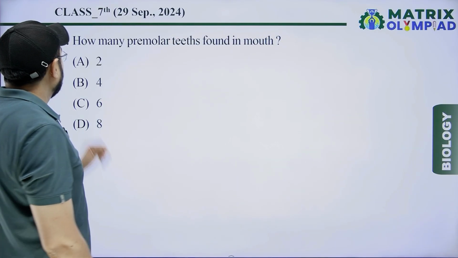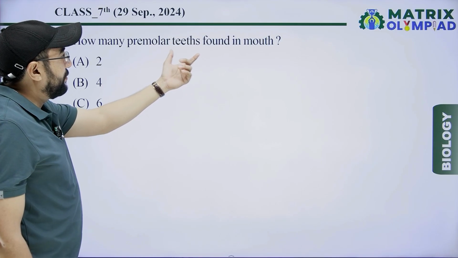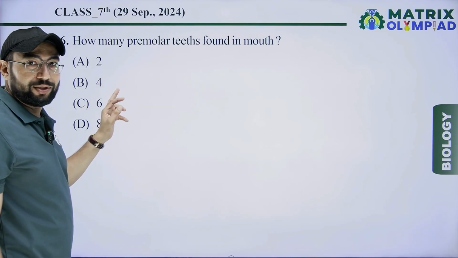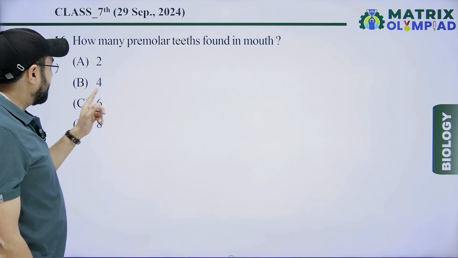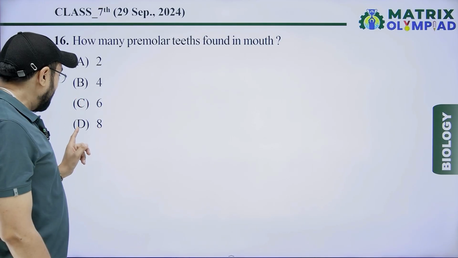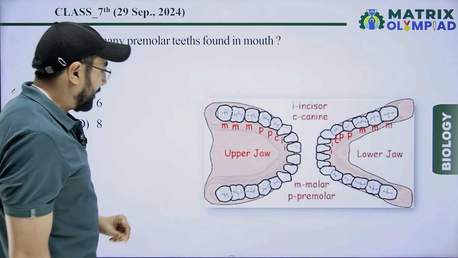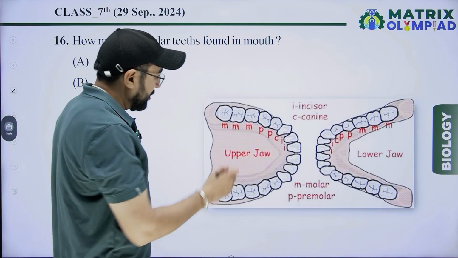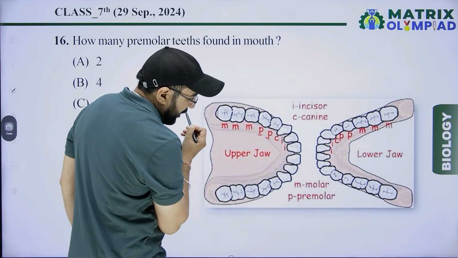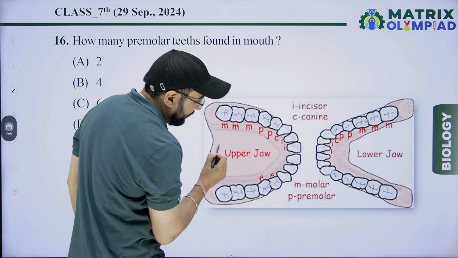Next question is, how many premolar teeth are found in the mouth? Option first is 2, second is 4, third is 6, and last is 8. As shown in the diagram, this one is a premolar, and similar to this one is a premolar and a premolar.